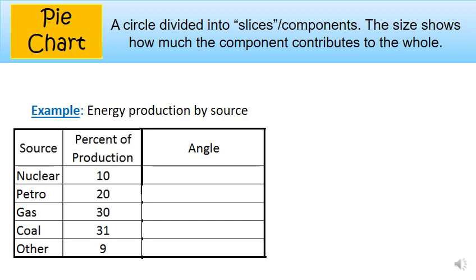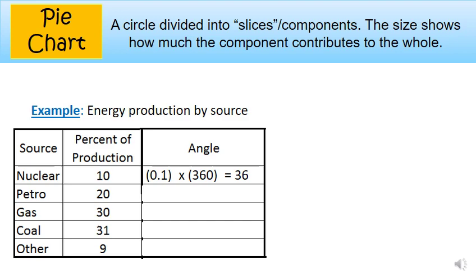Okay, so we're going to have a circle, and we're going to need to break it down into its different components. So we're going to have to get an angle associated with each of these different sources. So 10% of the production comes from the nuclear source. So the angle we'll calculate by saying a portion of 0.1 of our 360 degrees.